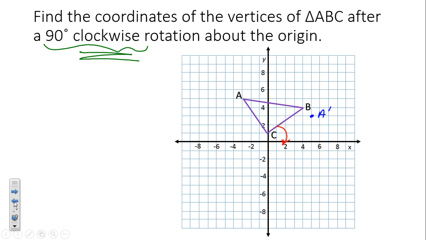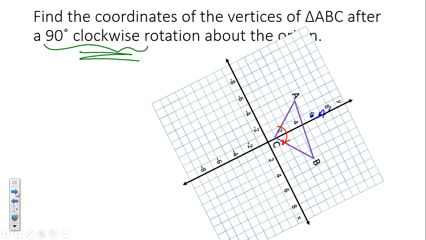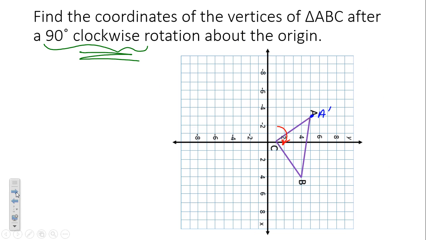B was at 4 over, 4 up, right? When I rotate my paper, now I'm at 4, negative 4. Okay?